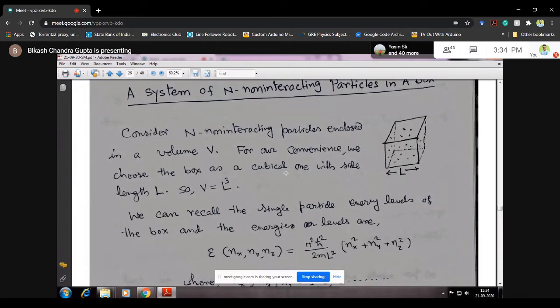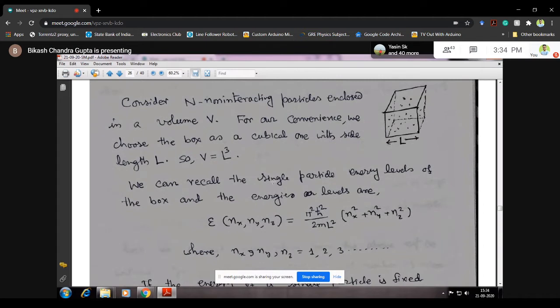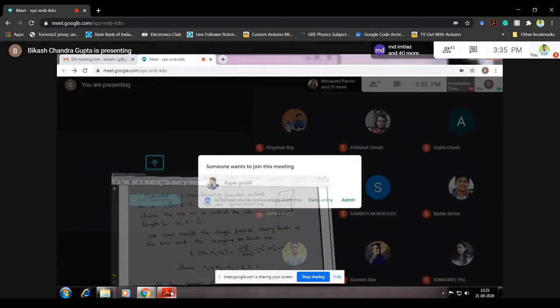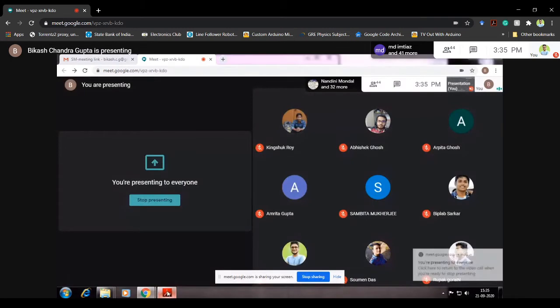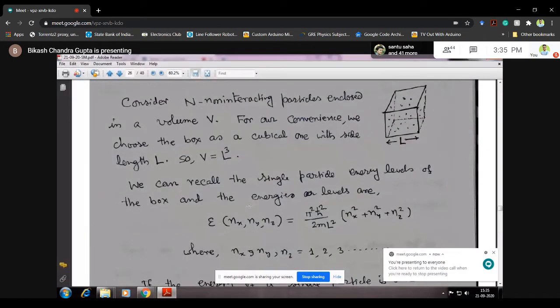Now the volume is V. Of course, volume should be L cube, and we recall the single particle energy levels of the box that you have already studied earlier, when you were in BSc.